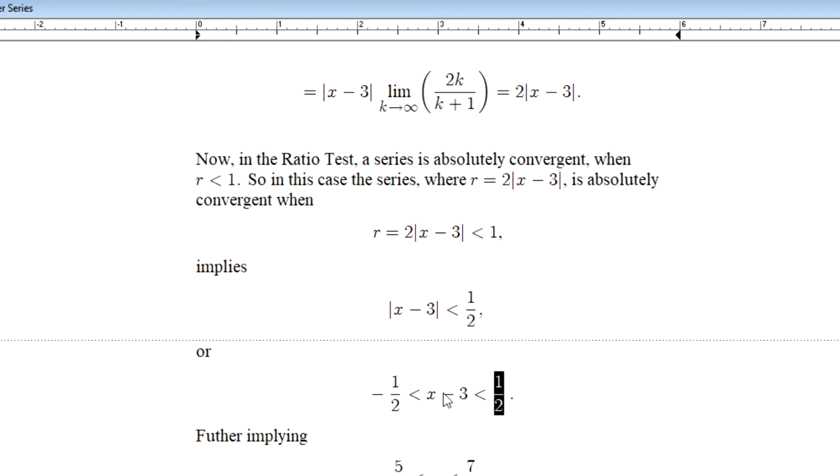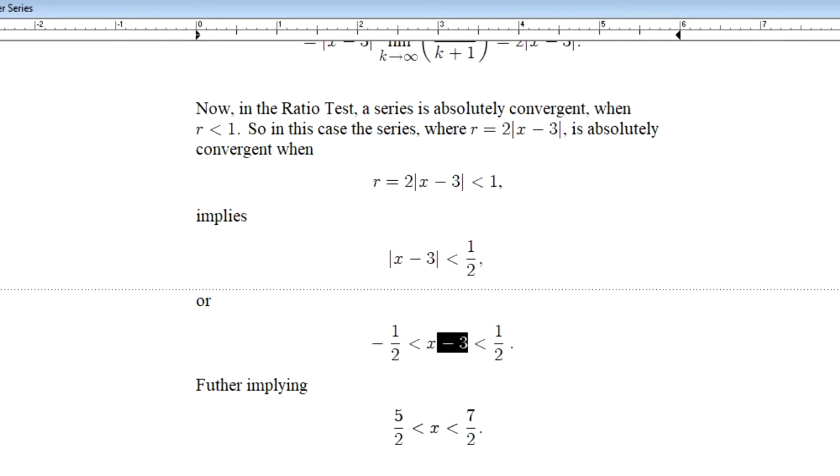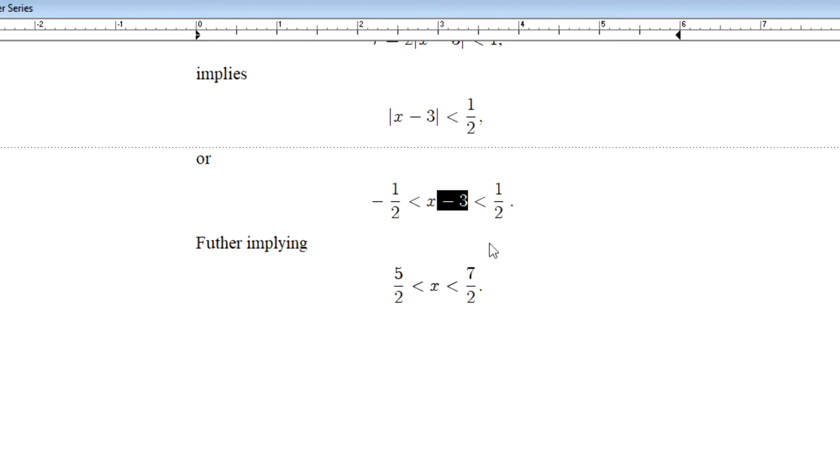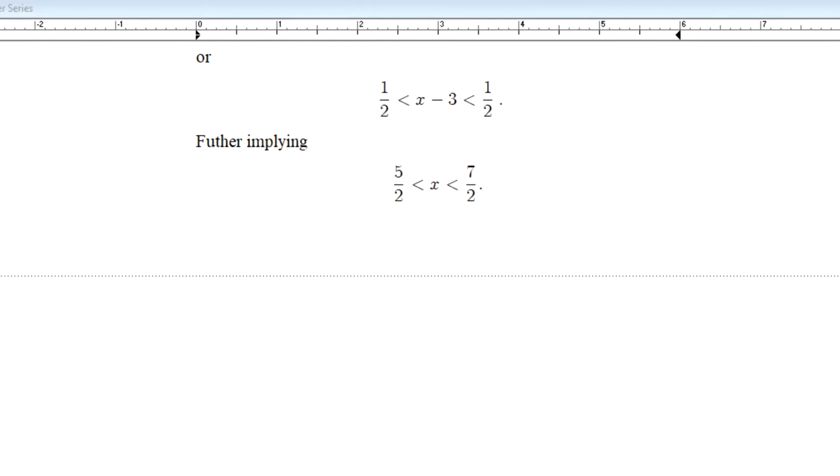If I solve for x by adding 3 to all sides, adding 3 to negative 1/2 produces 5/2, and adding 3 to 1/2 produces 7/2, implying that the value of x we're interested in is somewhere between 5/2 and 7/2.